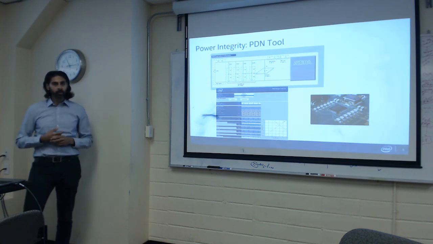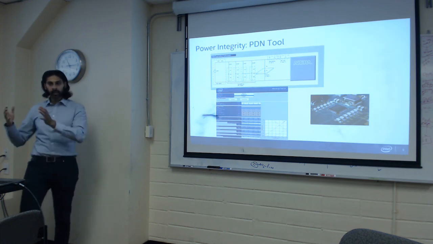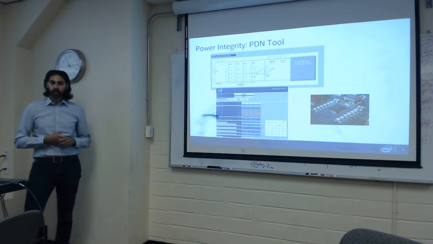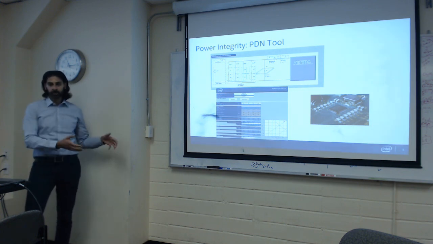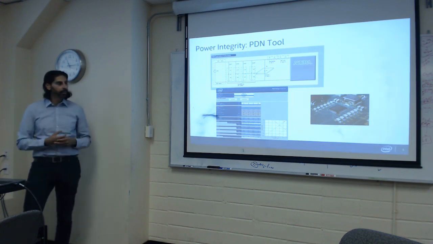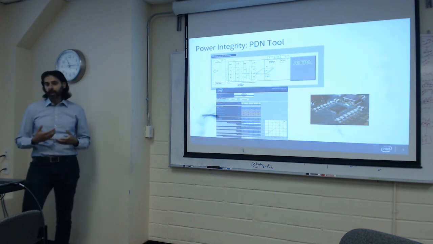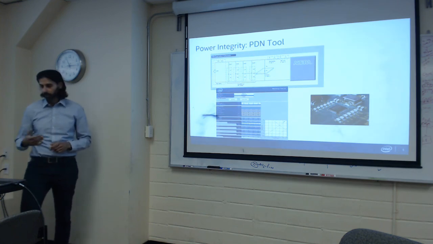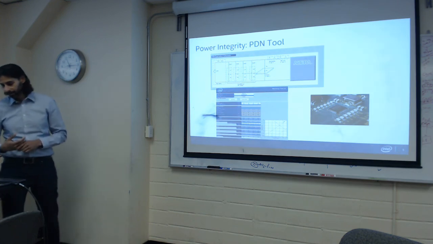So a power supply cannot instantaneously react to current demand in the FPGA, and to solve that problem, you provide some decoupling capacitance on the board. But how do you figure out how much do I need for my application and for my system? And so that's again a non-trivial problem. We have a tool that helps users answer that question. It's called a PDN tool, or Power Distribution Network.